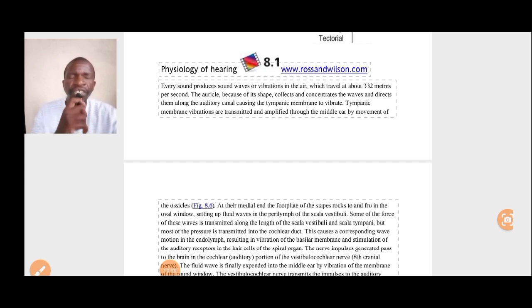How does this happen? This is necessitated by the presence of the three auditory ossicles, the incus, the stapes, and the malleus. These three bones move, and their movement amplifies the sound waves.